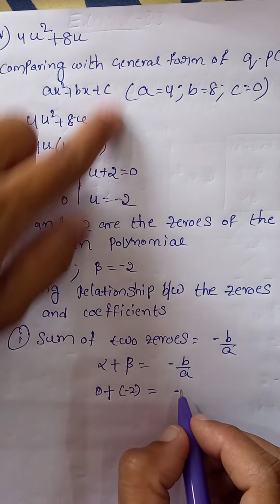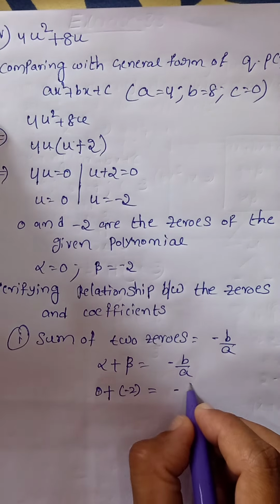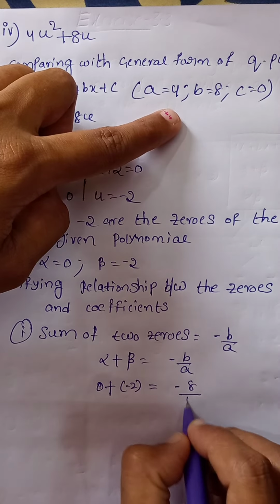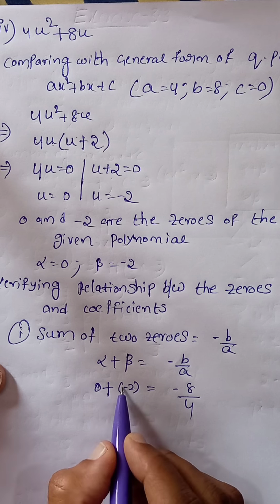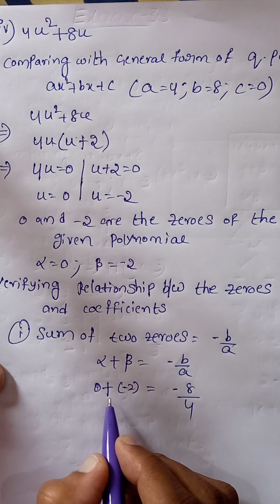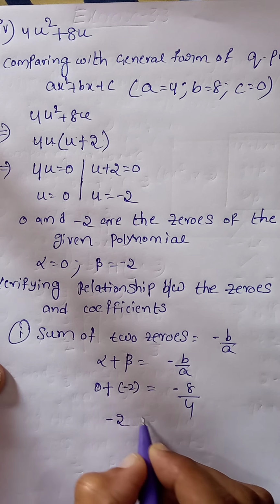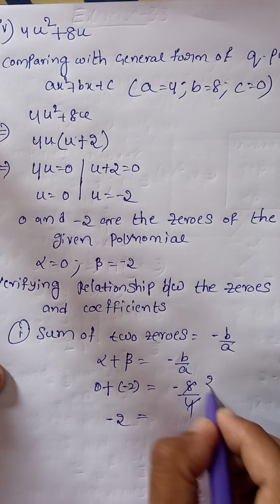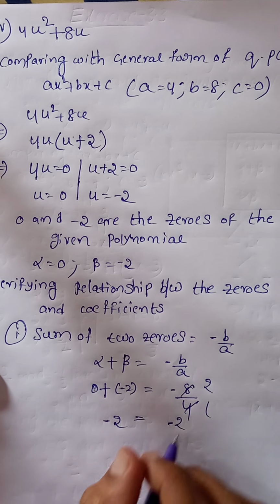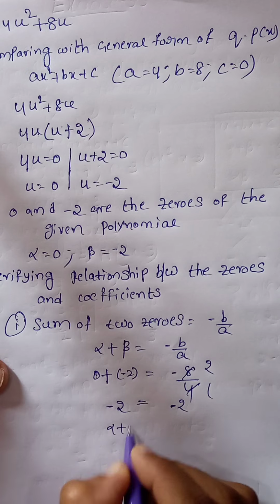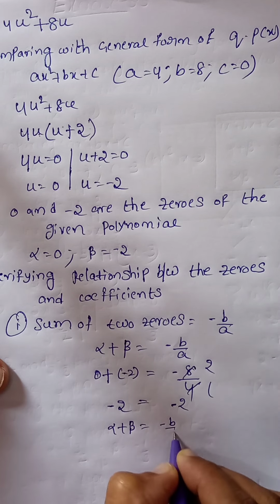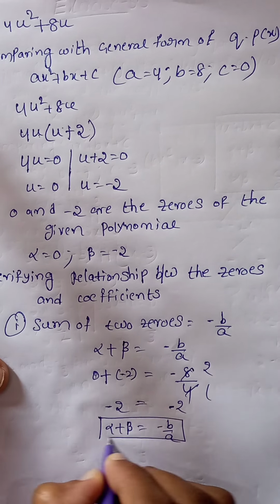First minus, what is the b value here? 8. 8 divided by a value is 4. 0 plus minus 2, equal to minus 2 equal to, 4 ones are 4, 4 twos are minus 2. So we have proved alpha plus beta equal to minus b by a. Okay.